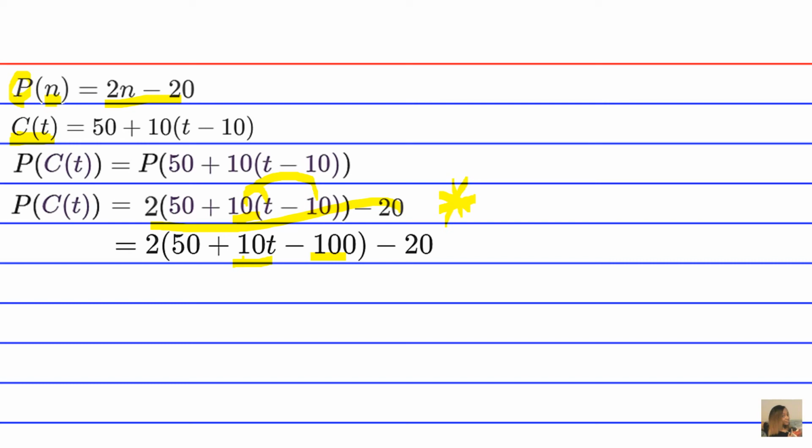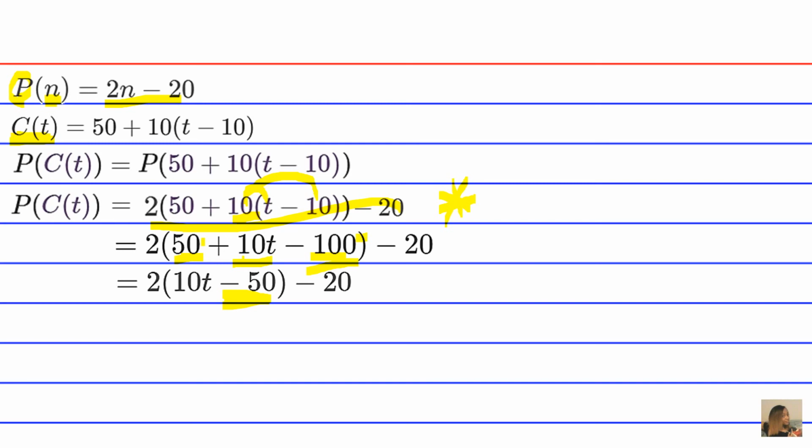Now what we can do is go ahead and combine the negative 100 with the 50. And we get 2 times (10T - 50) - 20. And again, the negative 50 comes from the fact that we combined 50 and negative 100.